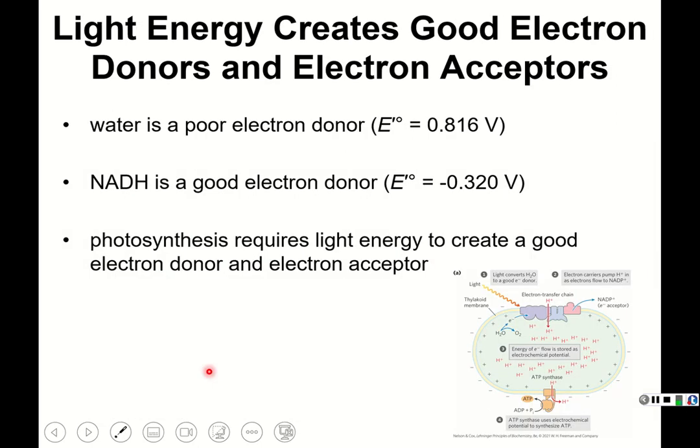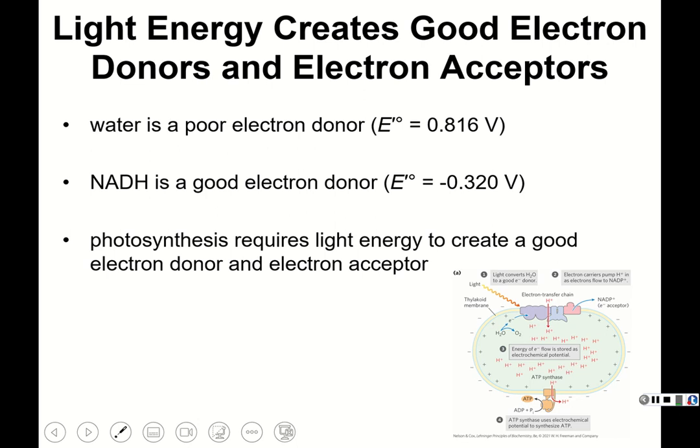Right, so one of the things about photosynthesis that's not really the best, if you just look at the overall process, is that water is a very poor electron donor. The reduction potentials, you don't really need to memorize those, but water has a very high reduction potential, which means it would be a very good electron acceptor.